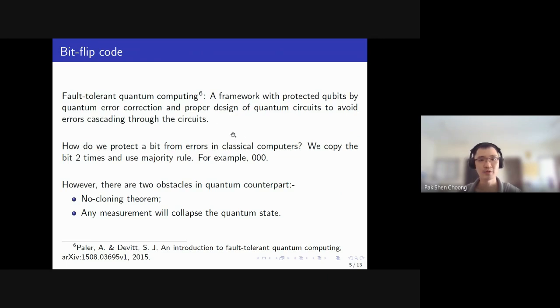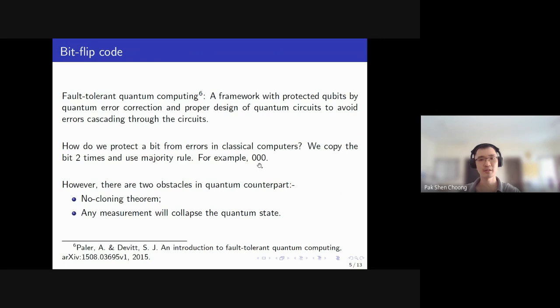So then we try to take some inspiration from classical computers. How do we actually protect classical bits from errors in classical computers? For classical computers, the error is just a bit flip, meaning that if you have zero, you flip to one. So then it is easy because we can just copy the bit that we want to protect two more times, and then we use the majority rule.